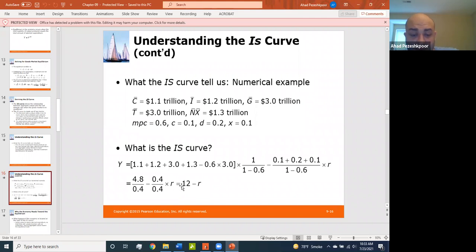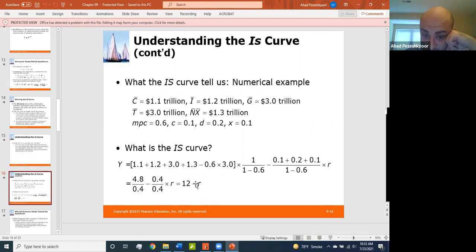But then you will end up with a function like this. It has an intercept 12, which is showing you the intercept of this function, which is your autonomous variables, which is driven from the autonomous consumption, the autonomous investment, and the autonomous net exports and government expenditure.